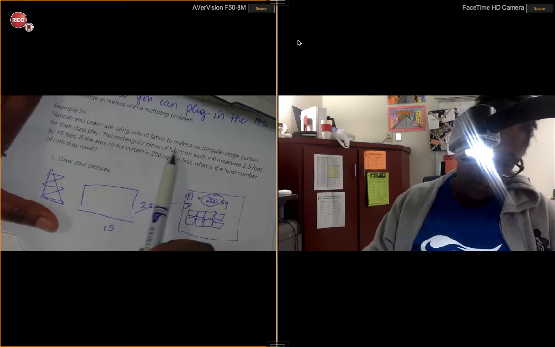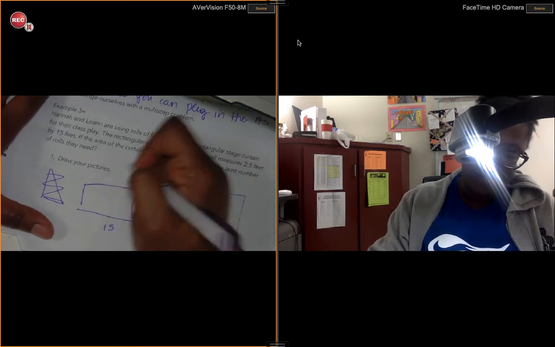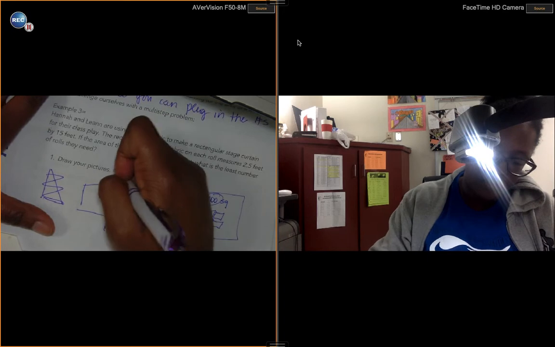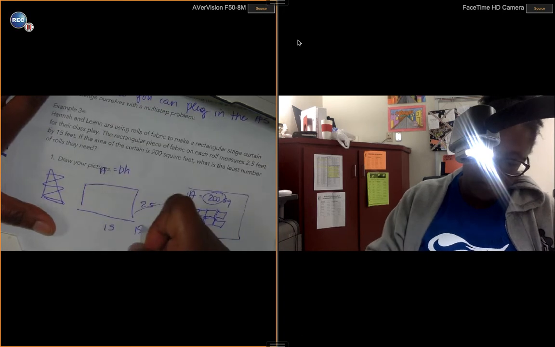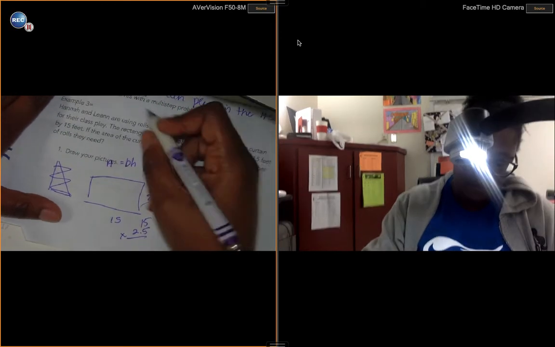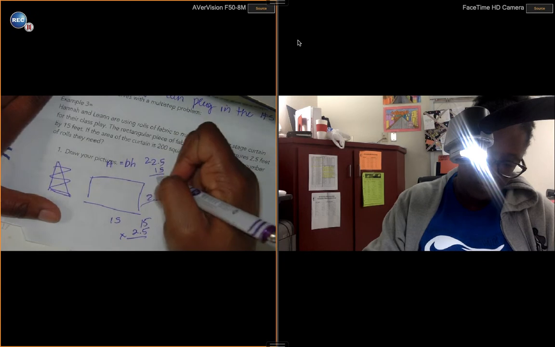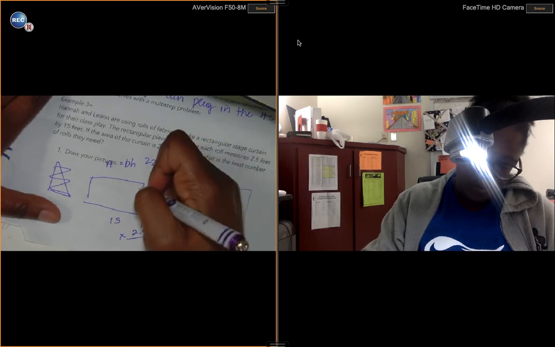The rectangular piece of roll measures 2.5 feet by 15. In order to find the area of a rectangle, it's base times height. So I'm just going to multiply 15 times 2.5.